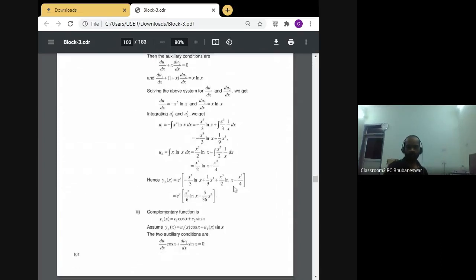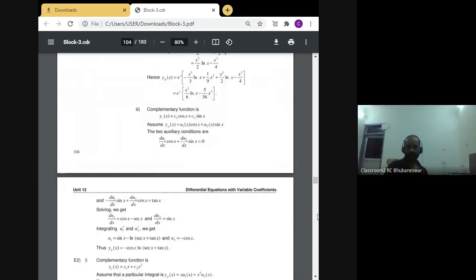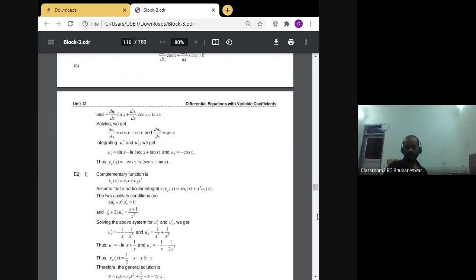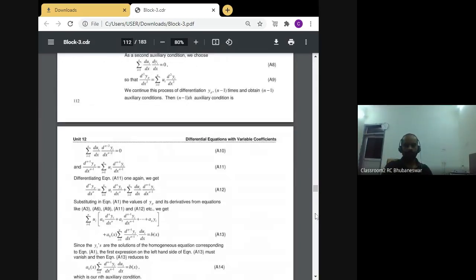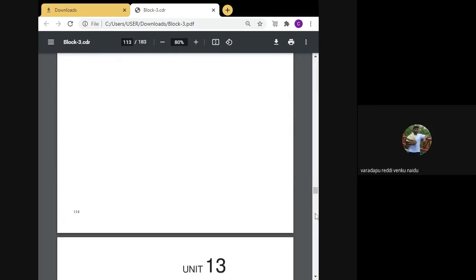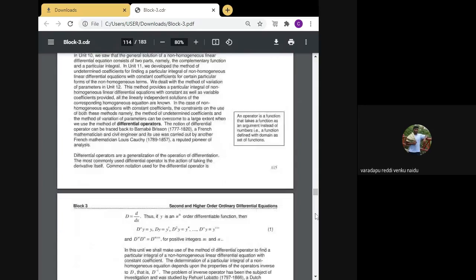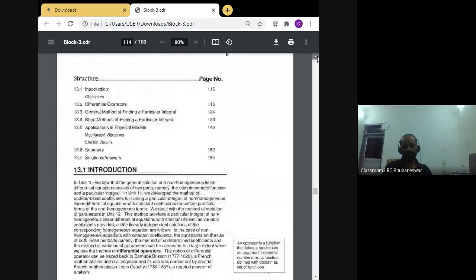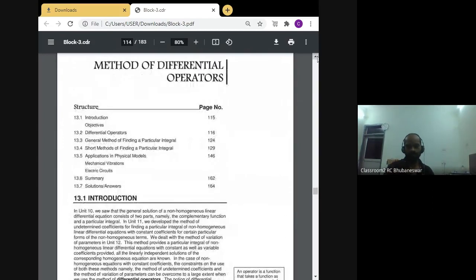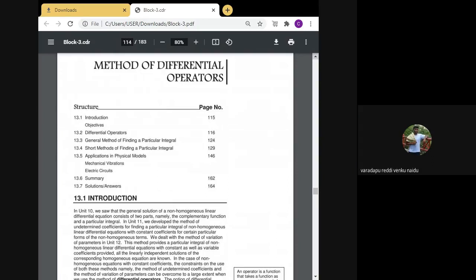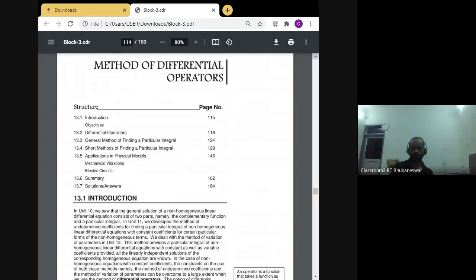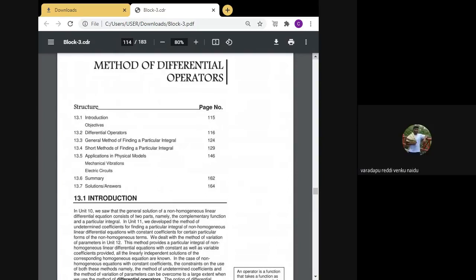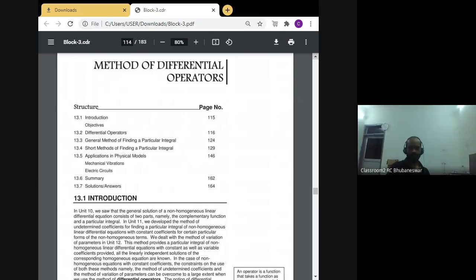After that, we are moving towards page number 160. In this particular unit, there is the method of differential operator. Here we are going to discuss the method of differential operator.